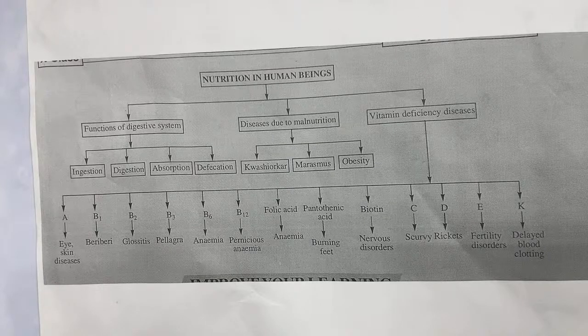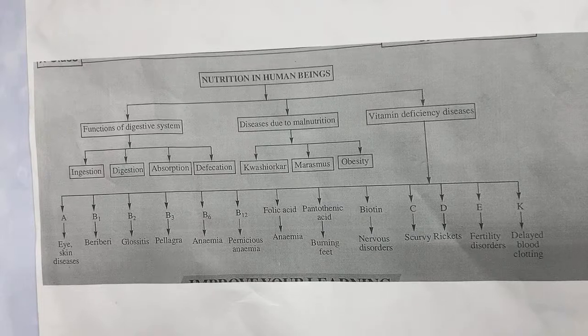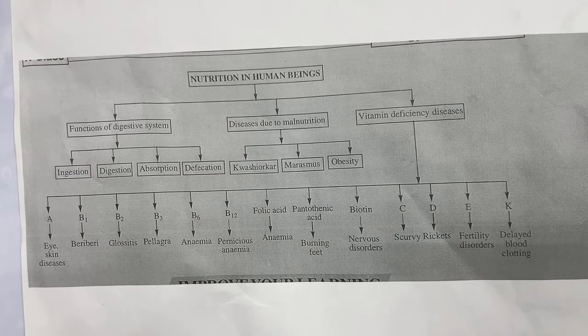Here, the eye disease is xerophthalmia. Xerophthalmia means redness of the eye, and you see a lot of burning and dryness in the eyes. This disease is caused by deficiency of vitamin A, which is called retinol.